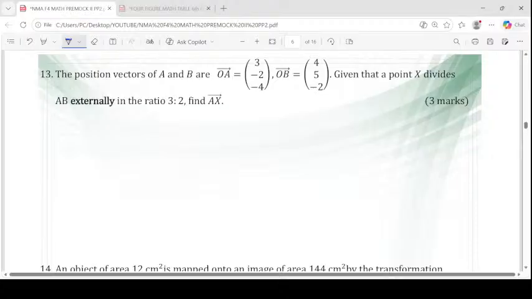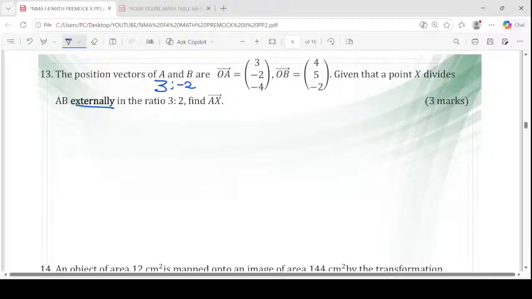Given that a point X divides AB externally in the ratio 3 is to 2, find AX. Because the term externally has been used, the ratio is 3 to 2. If the word externally had not been used, this ratio could have been written as 3 is to negative 2. Still they mean the same thing.